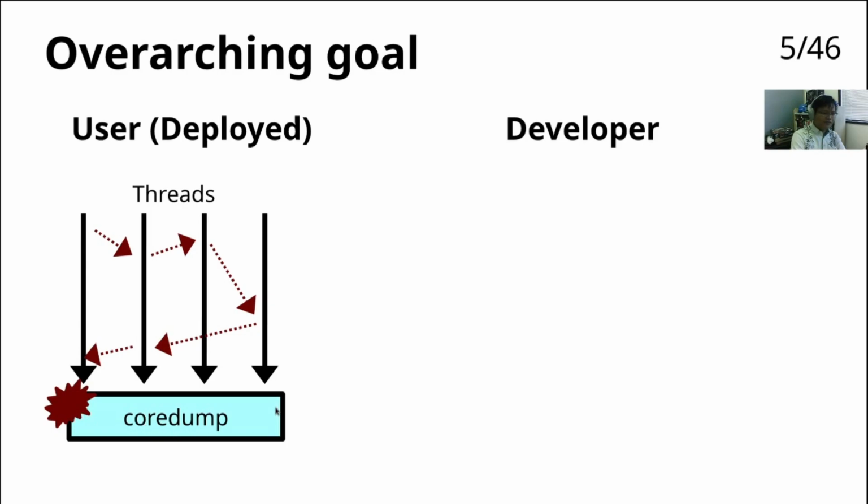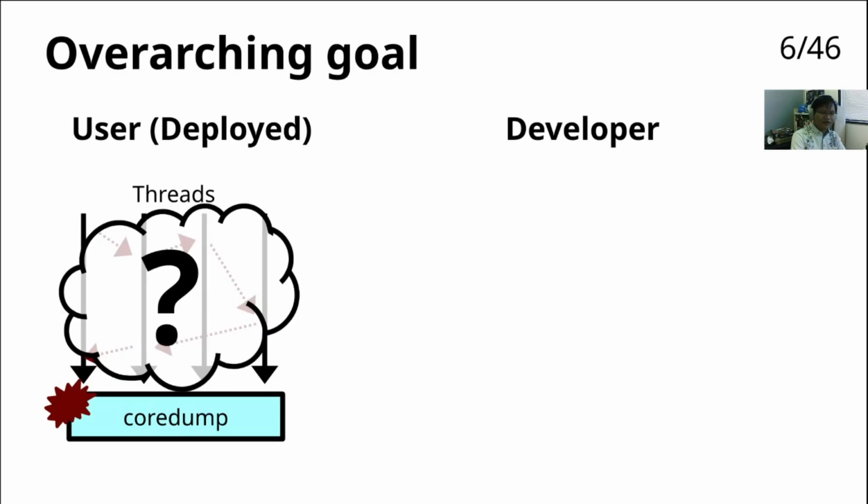However, because the execution of a concurrent program is usually non-deterministic, it is hard to infer what happened before the crash. The core dump is basically a snapshot when the program crashed, but we cannot easily recover the states right before the crash.